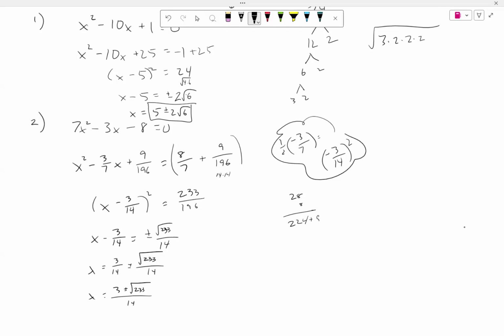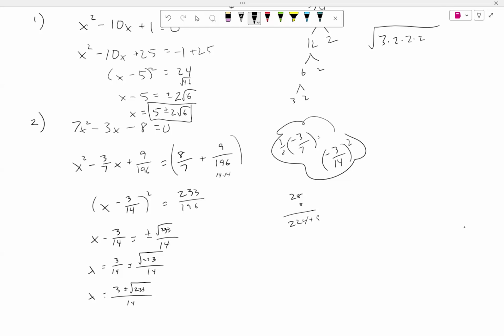And 9 doesn't go into 8. It has to be a multiple of 9. If it adds up to 18, we're good to go. If this had been like 3, 3, 3, then it's worth trying to divide out that 9. But I know that 9 is not, and why am I checking to see if 9 even goes into this? 9 is a perfect square.